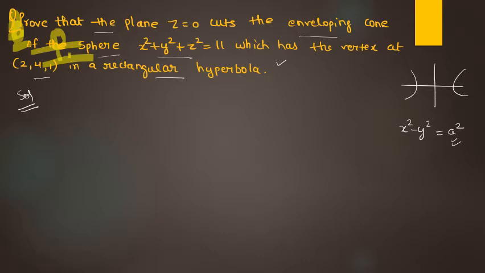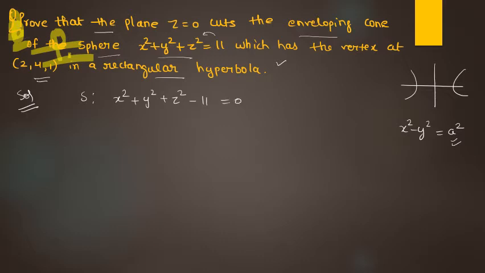So first of all, let's come to this question where the equation of the sphere is given to you, which is x square plus y square plus z square, you can take this 11 onto the left hand side, minus 11, right?